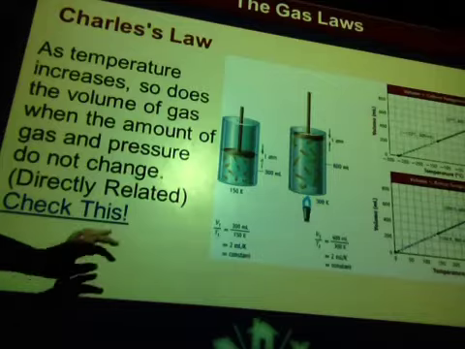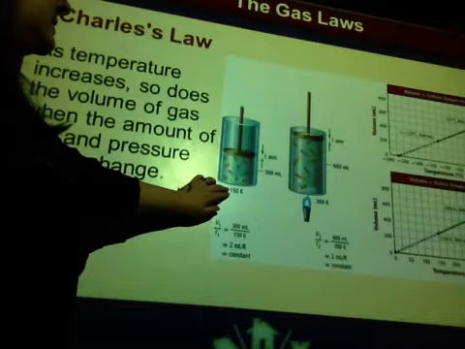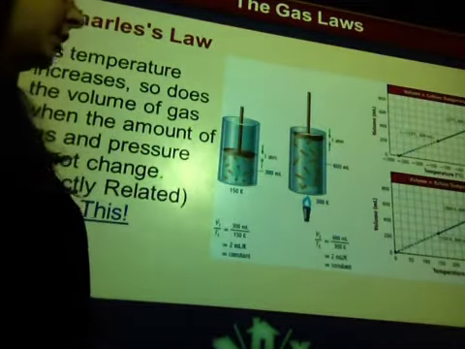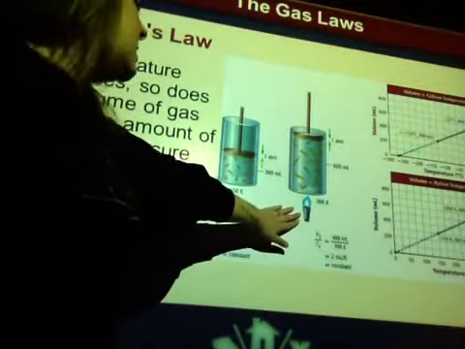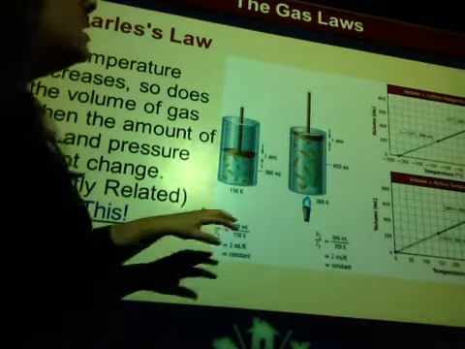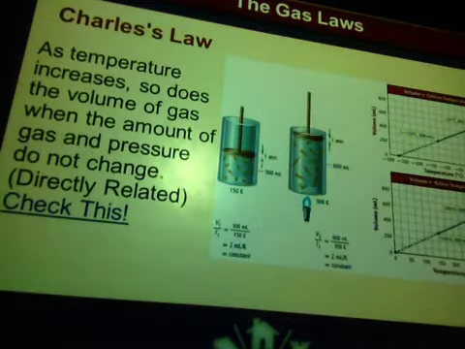I can see in this picture that I have a sample with a temperature of 150 Kelvin at 1 atmosphere. Let's say I heat up this sample to a temperature of 300 Kelvin. My volume will be much greater.